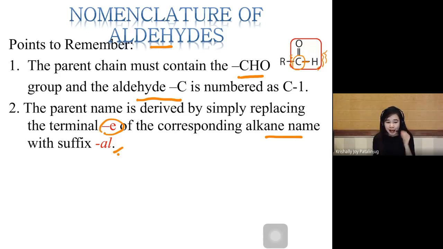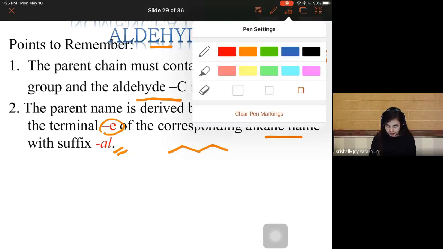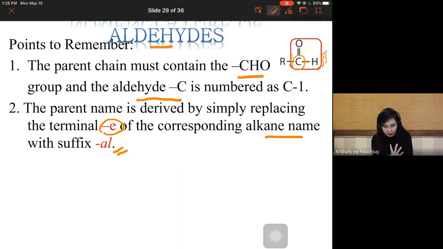This indicates that the compound you are naming is an aldehyde. I think there is an example below. Again, with 5 carbons, pentane is the alkane name, but since it is an aldehyde, change the ending E into al.